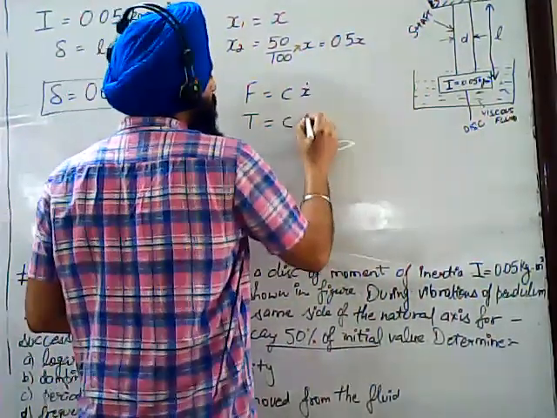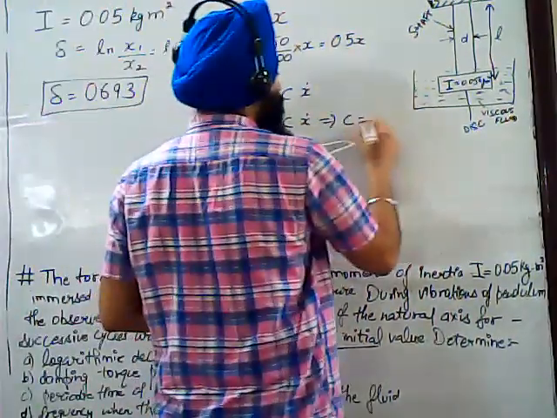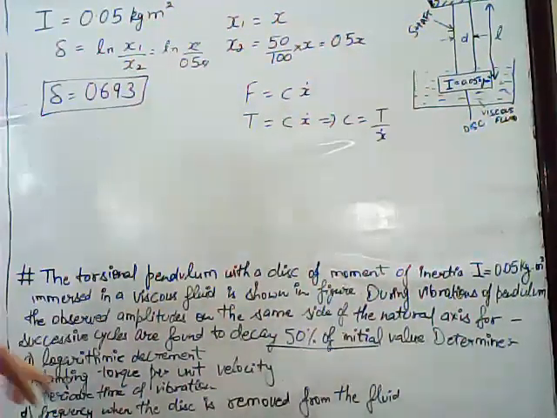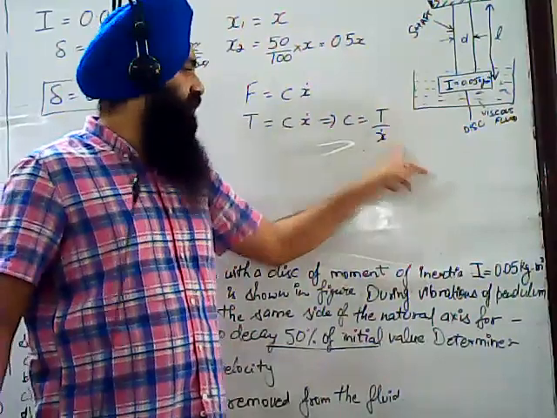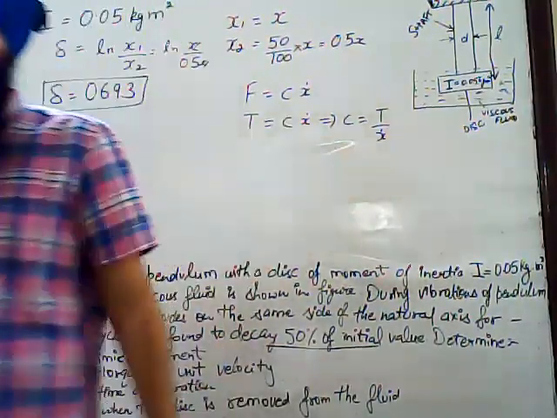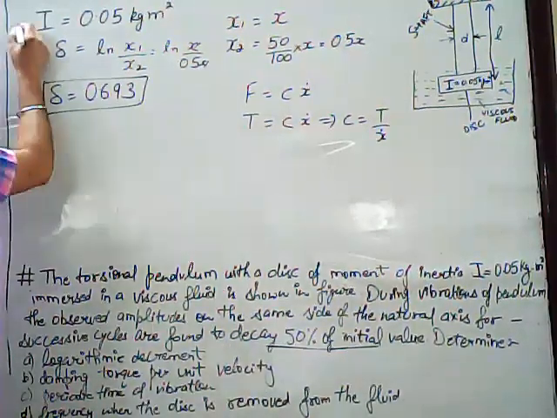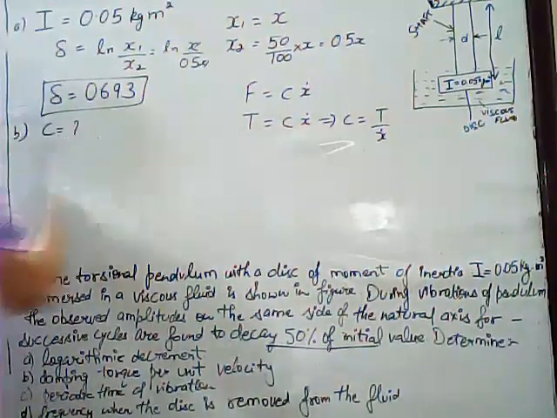So torque will be equal to C into x dash, and the value of C will be T by x dash. So damping torque per unit velocity means we have to find the value of the viscous damping coefficient.